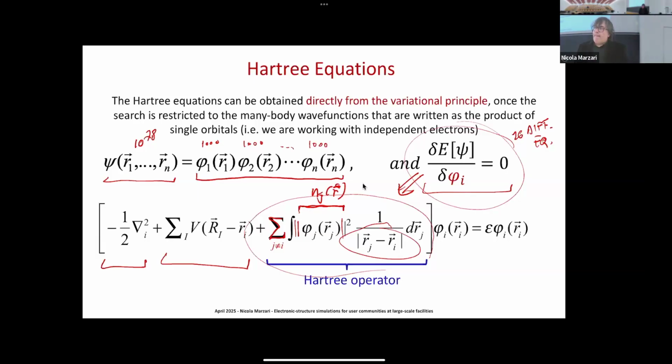And the true Schrödinger equation would have everything instantaneously aware of everyone else. So if you down there in the corner wave, you will feel him waving. And instead, the Hartree equations say we don't really look instantaneously at what happens.